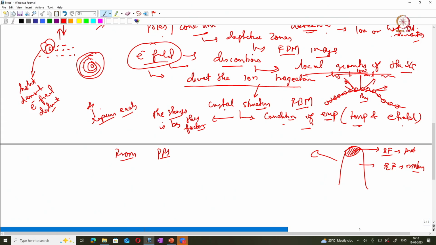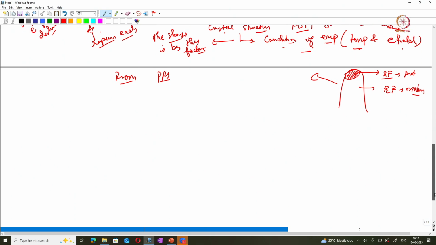This depends on the relative difference between the evaporation field of the precipitate and the evaporation field of the matrix. So there will be two conditions, correct?